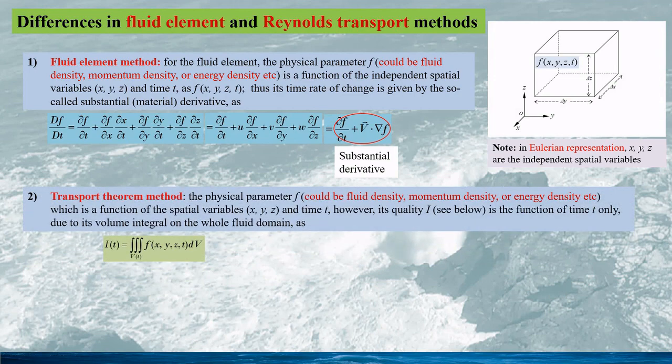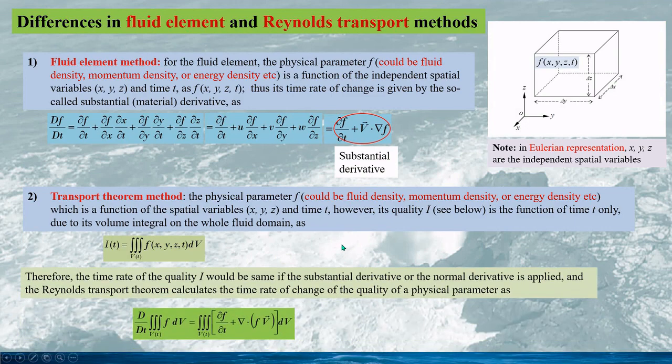The Reynolds transport theorem works on the quantity of the physical parameter, the volume integral of the physical parameter f, the quantity I. As a result of the volume integral, the quantity of the physical parameter is a function of time only. It is independent of the spatial variables x, y, and z.